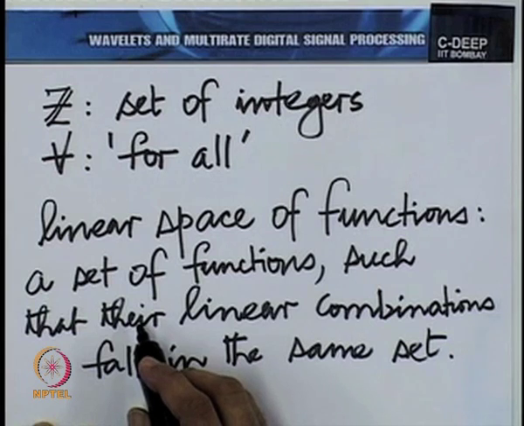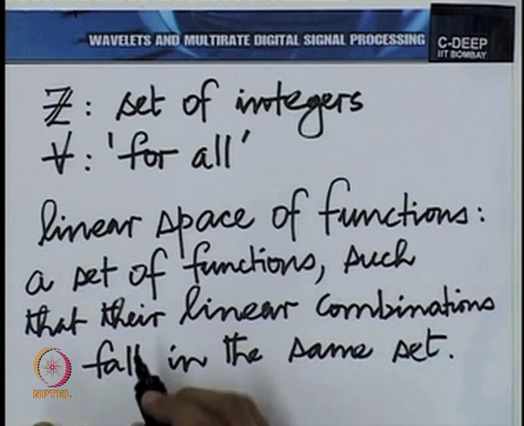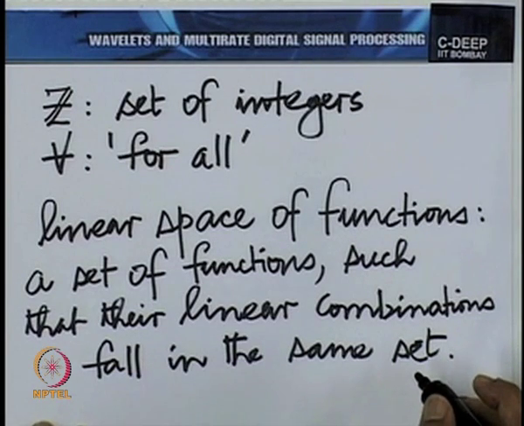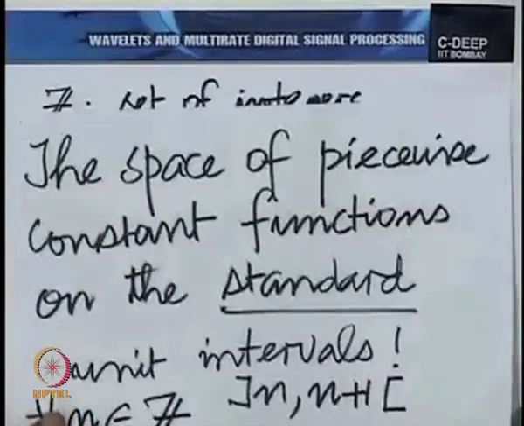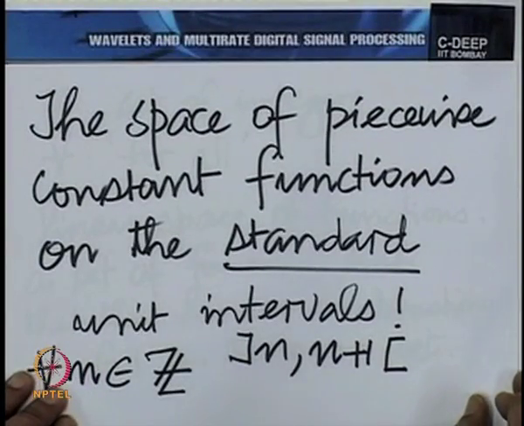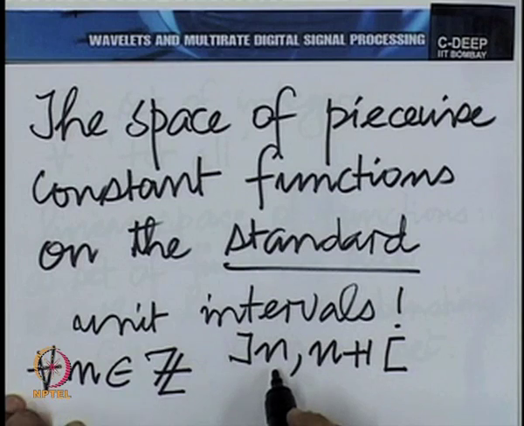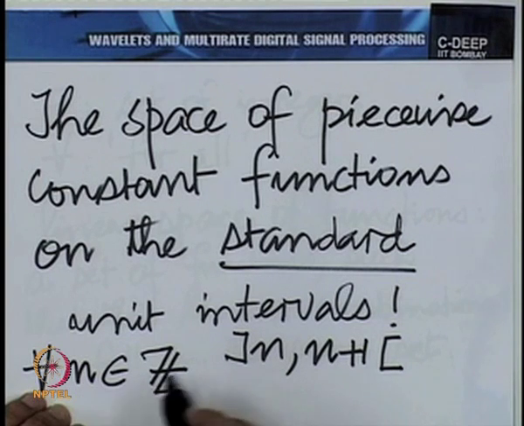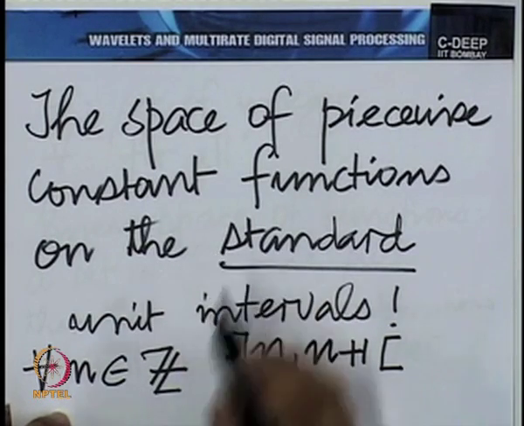So, you see, a linear space of functions is one in which any linear combination of functions in that set fall back into the same set. Now, here there is a little bit of clarification required. In general, if you consider the space of piecewise constant functions on the standard unit intervals, which are the open intervals of the form n to n plus 1 for all n over the set of integers, then there is an infinity of such functions.